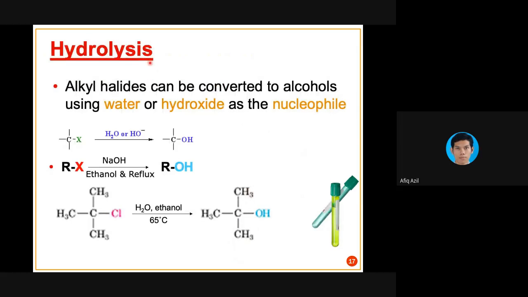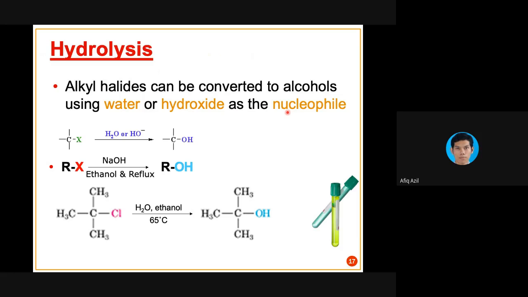The first example is known as hydrolysis. Okay, when you hear the word hydro, that means there is water present. So alkyl halide can be converted back to alcohol. Just now, you took alcohol and changed it into alkyl halide, but you can convert it back to alcohol using water or hydroxide as the nucleophile.